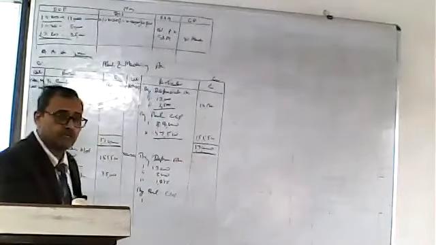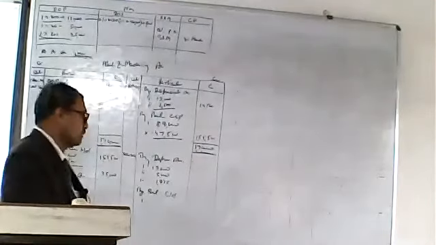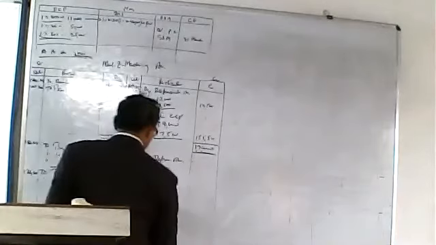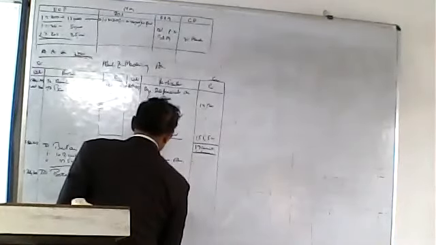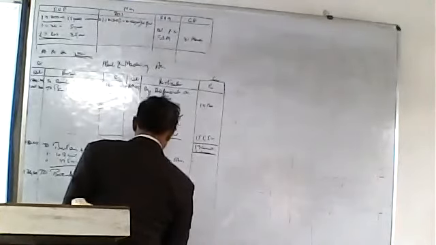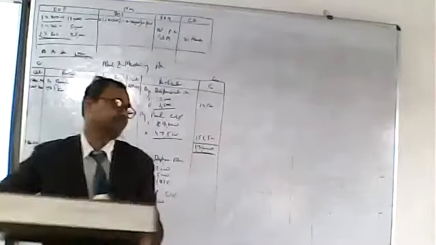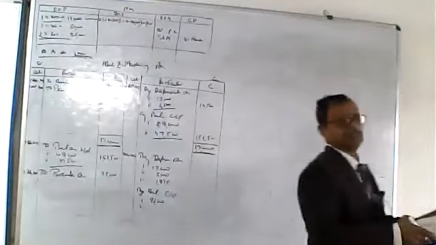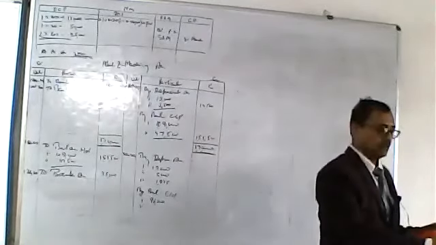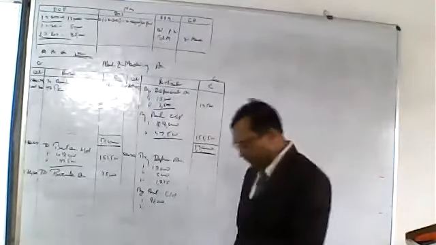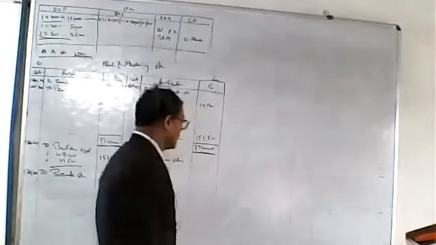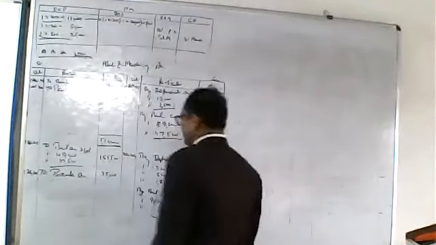You have provided 12,000 depreciation. You have subtracted 12,000. Now how much machinery is remaining? 96,000.